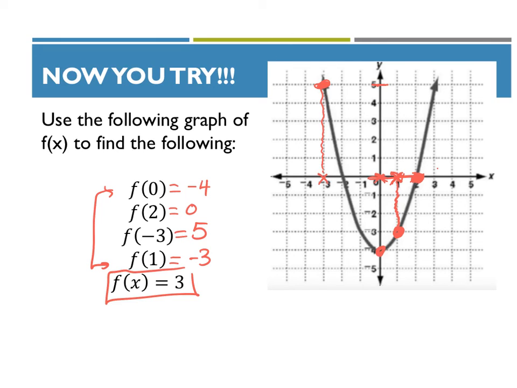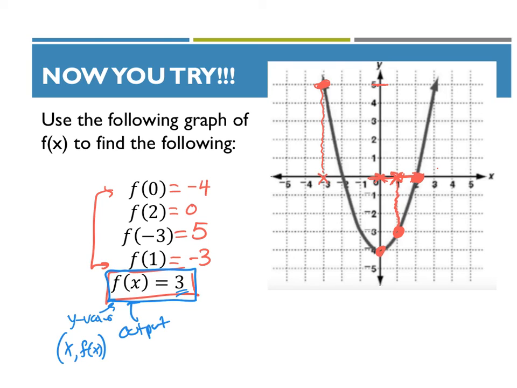Now for this last one, if you're trying to find f of x equals 3, remember f of x itself represents the output. The x value represents the input. Remember the coordinates are x comma f of x. So you're really seeing when the y value equals positive 3.